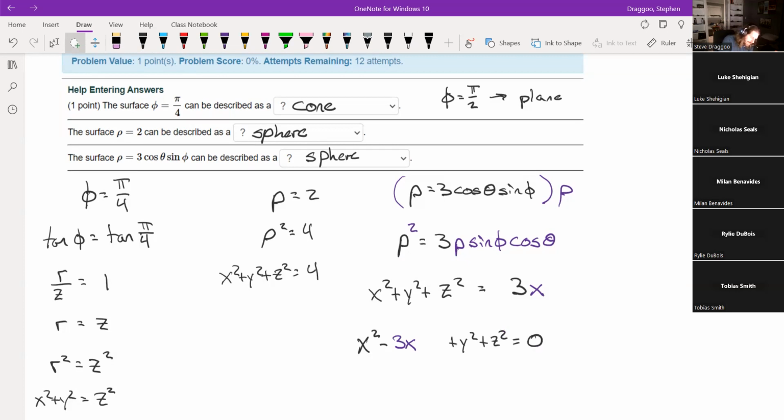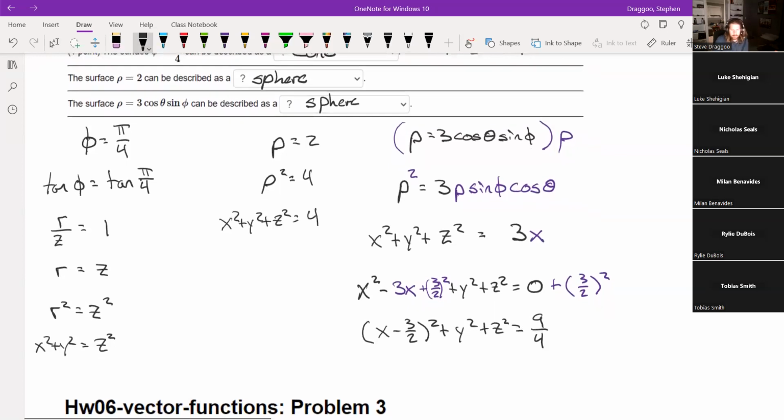But I'm going to need to add 3 over 2 squared right here in order to complete the square, and then add it to the other side as well, giving me x minus 3 over 2 squared plus y squared plus z squared, and it's equal to 9 over 4. Which, written another way, does look like the equation of a sphere.